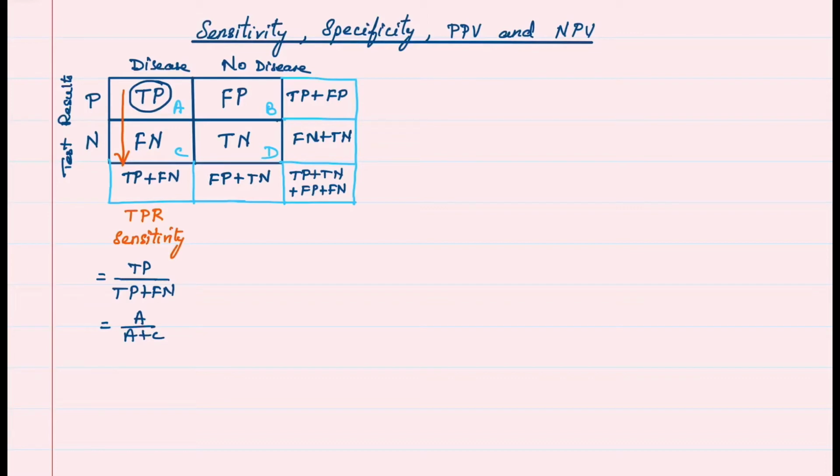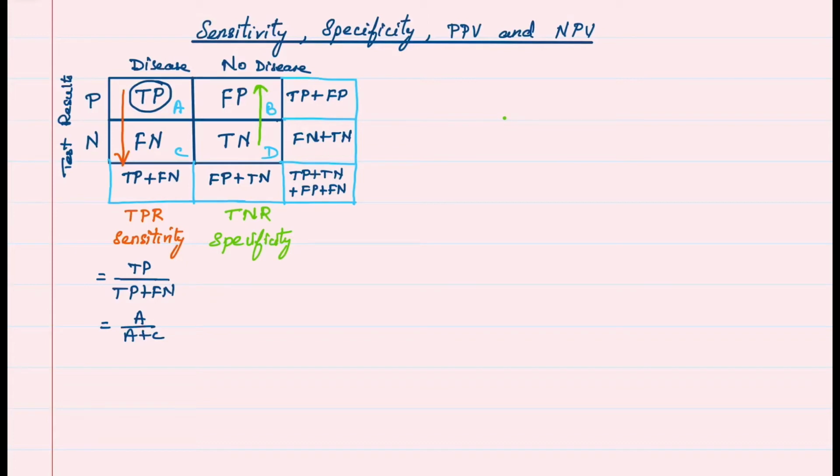Now we will write the formula for specificity. Specificity is the true negative rate. It gives the probability of negative results in those who are not diseased. So we are going to use the second column. Look at the arrow mark. Since it is a probability, we have to write the favorable cases in the numerator.